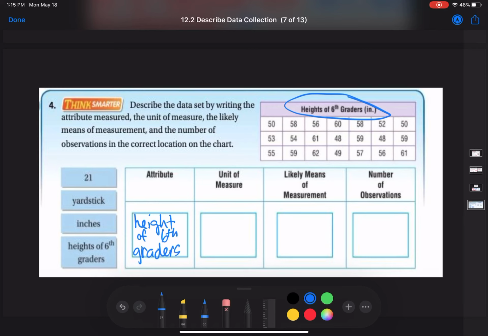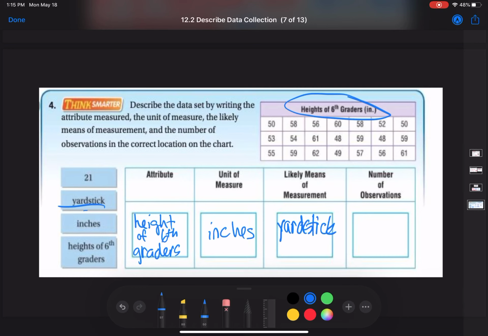Now how did they measure them? They measured them in inches. And more than likely they probably used, you could put tape measure, but it doesn't give you that option. It gives you yardstick. So more than likely, in this case, they used a yardstick.